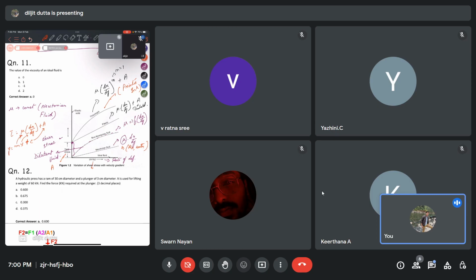So the yield stress, that is the threshold, is given as A, the intercept, du by dy is the rate of strain, and mu is the dynamic viscosity. That is for a plastic fluid. If we take a thixotropic fluid, then du by dy to the power of some n will come, because the relation is not linear, it is non-linear. In that case the n will come. Okay, I hope this is clear.